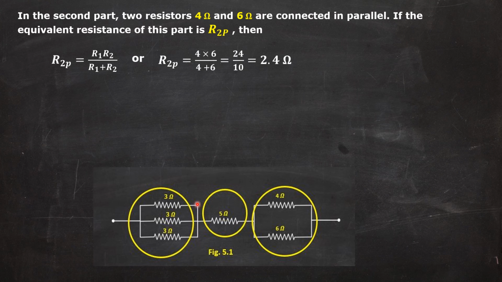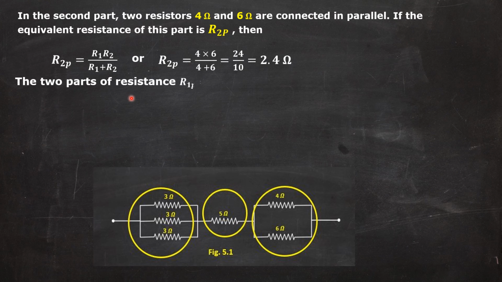Now in place of part 1 resistors and part 2 resistors, I will connect single resistors in series with the 5 ohms resistance.